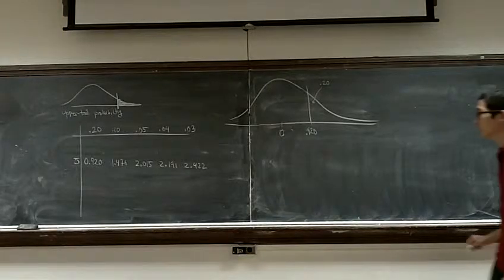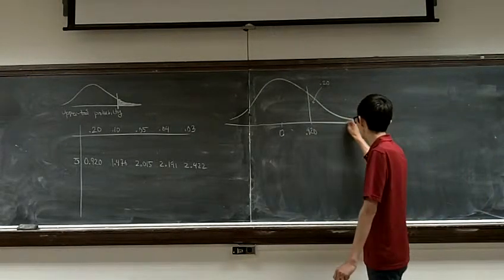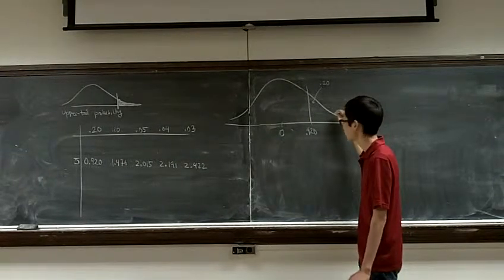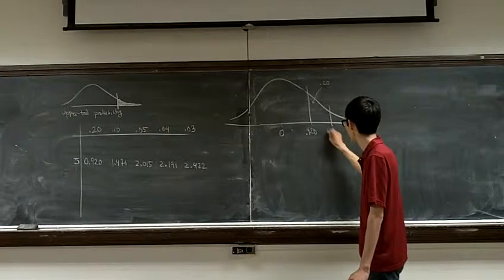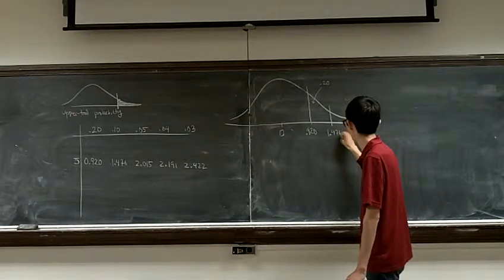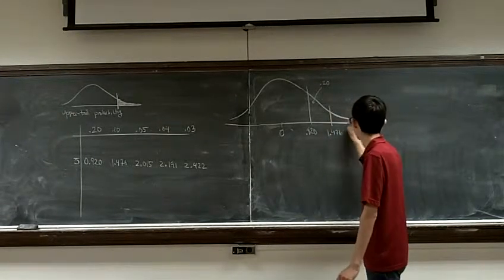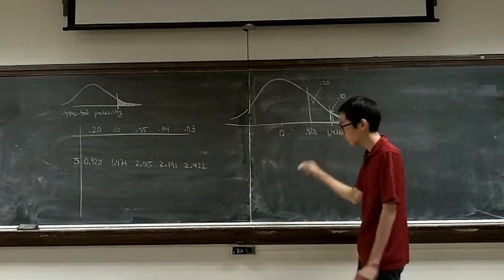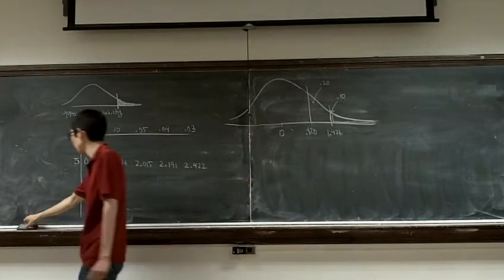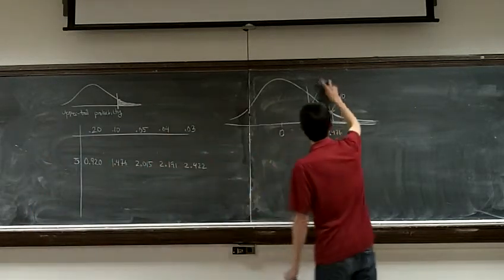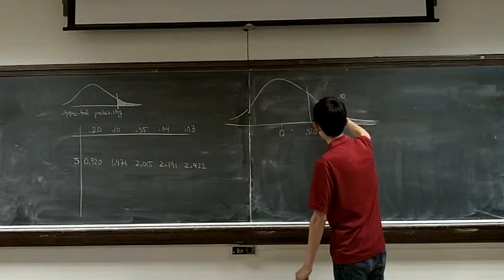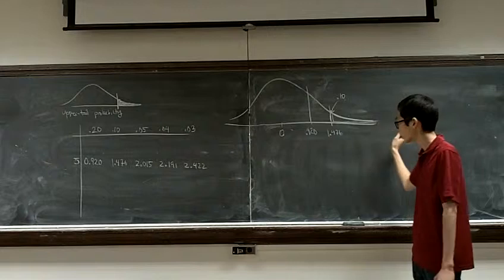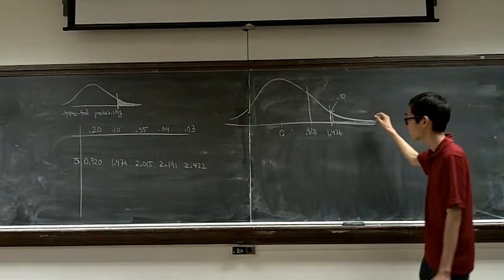Okay. That's everything to the right here. If I go further, to 1.476, then the amount to the right of 1.476 would be 10%. Okay? So the 20% is everything to the right of 0.920. Everything to the right of 1.476 is 10%.